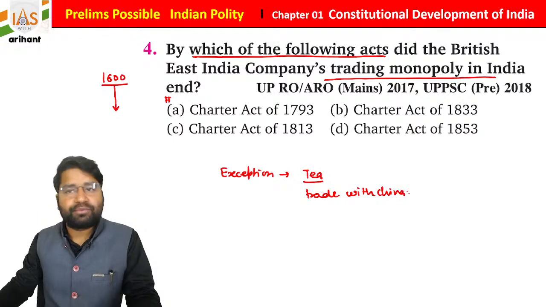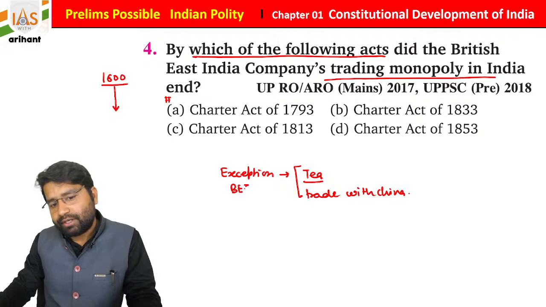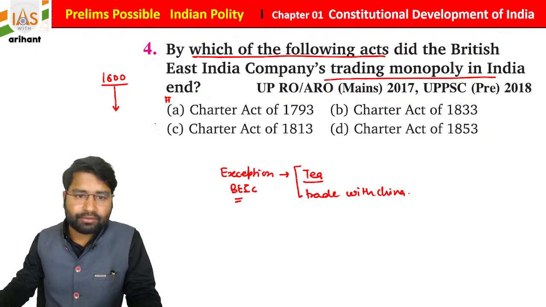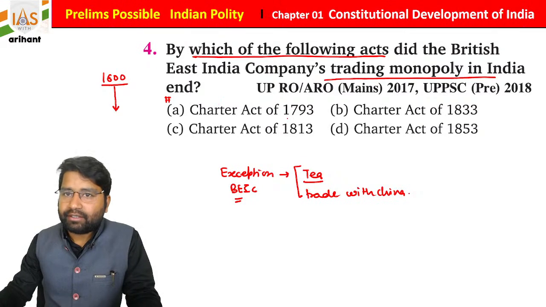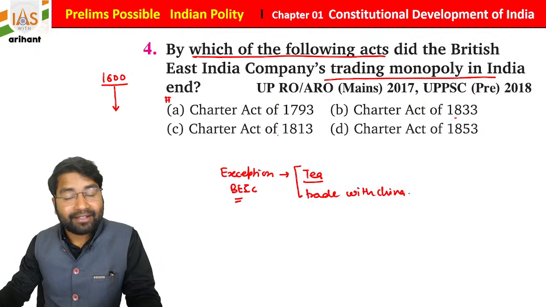These are the two exceptions that were given to the British East India Company. I hope you all are able to understand, students. So by which act? Is it Charter Act 1793, 1833, 1813, or 1853?